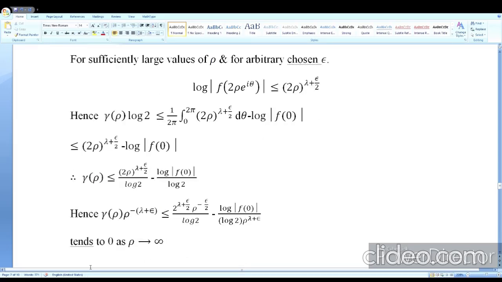That is, gamma of rho, we multiply by rho power minus of lambda plus epsilon. So here rho power minus lambda and rho power plus lambda get cancelled.